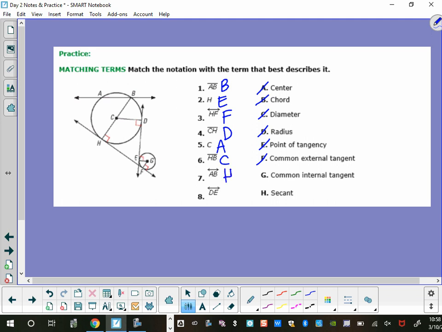So that is H, the secant. And so DE, see the difference between DE and AB? Lulu? It just touches the circle, it doesn't go through it. So DE would be your common internal tangent.